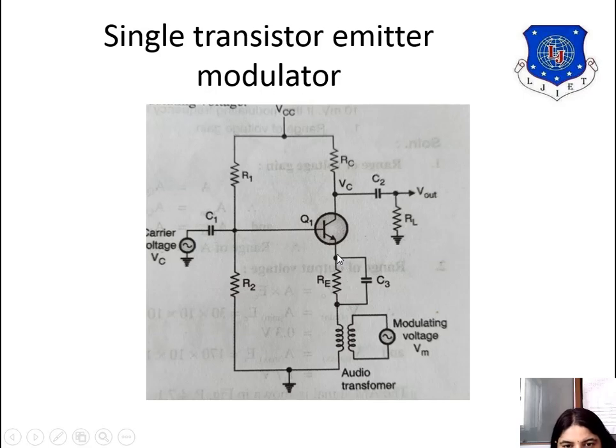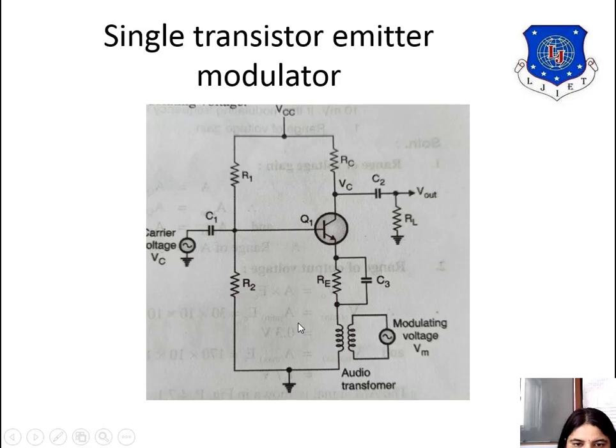As the modulating signal voltage changes, the gain of the amplifier also changes, and hence we can say that the modulation index is proportional to the amplitude of the modulating signal. So this way we can also write the gain equation for this.